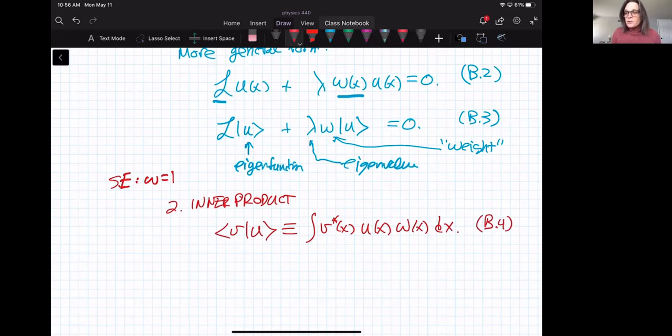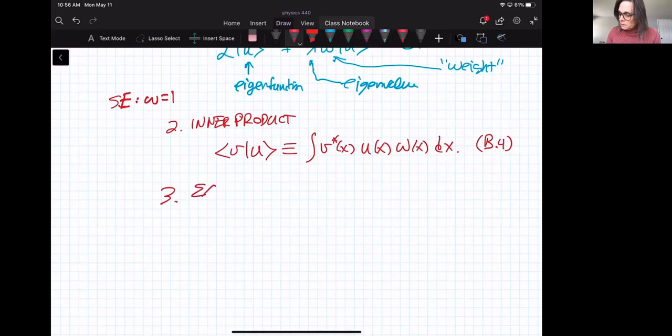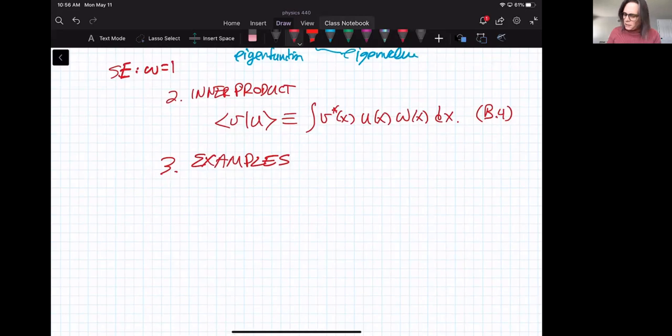And each of these equations has different weights associated with it in order to make its eigenfunctions orthogonal. Your book actually doesn't have a table for this, which I've found kind of weird, but that's fine.